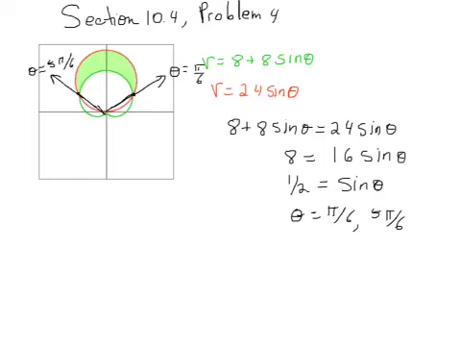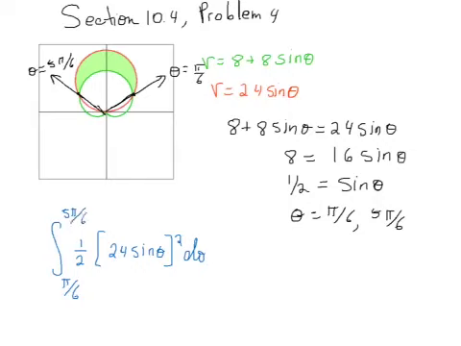All right, so if I integrate 1/2 (24 sine theta) squared from pi over 6 to 5 pi over 6, then what do I get?